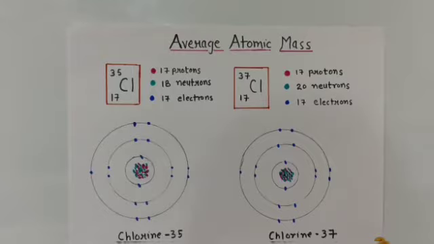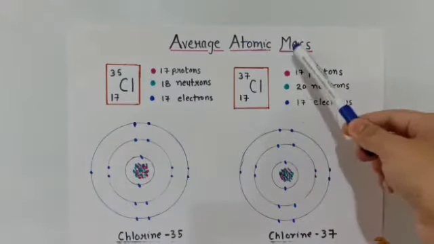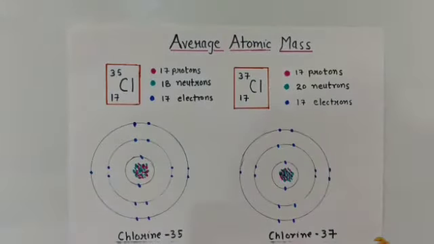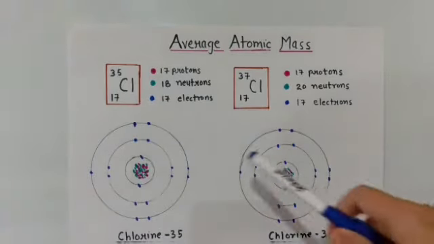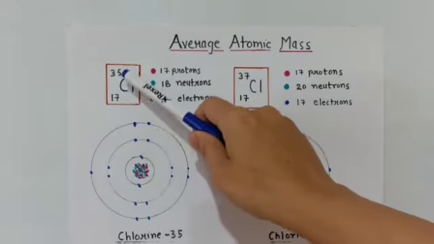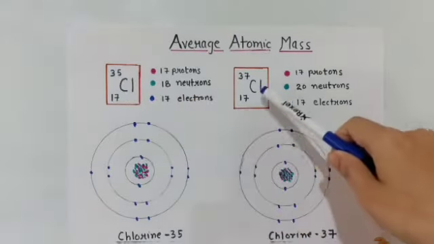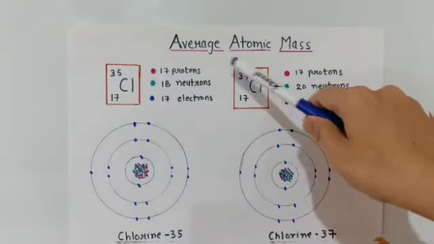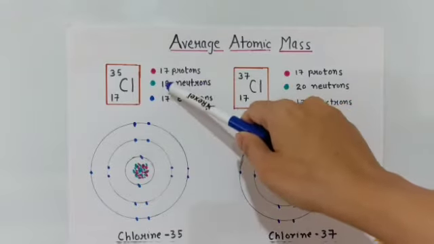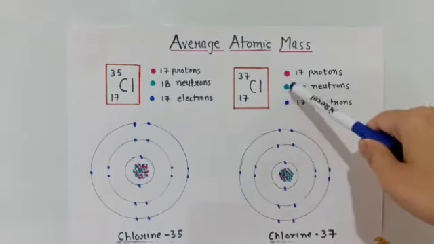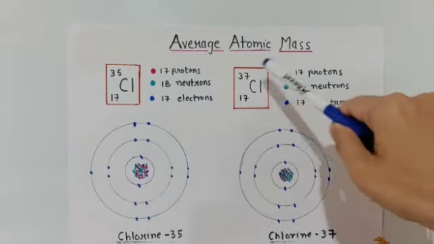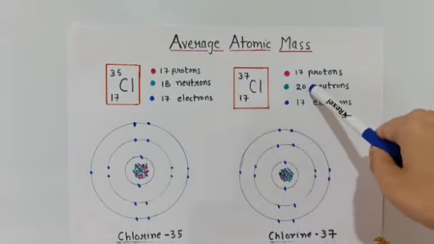Let's understand the average atomic mass. What is the average atomic mass? For this, take the example of chlorine. You know that chlorine has two isotopes. Isotope 1 is chlorine 35 and the second is chlorine 37. The only difference is the number of neutrons: chlorine 35 has 18 neutrons, while chlorine 37 has 20 neutrons.